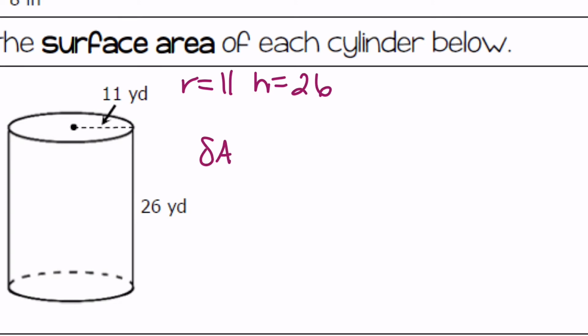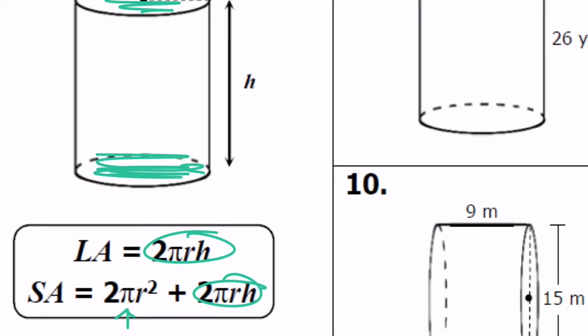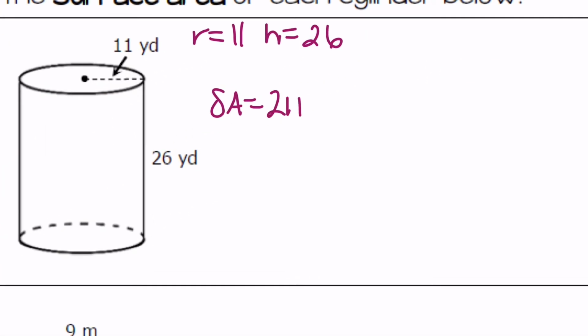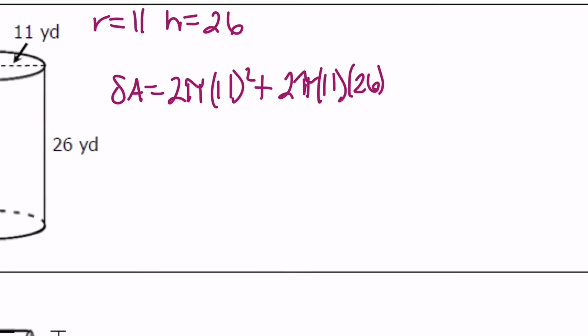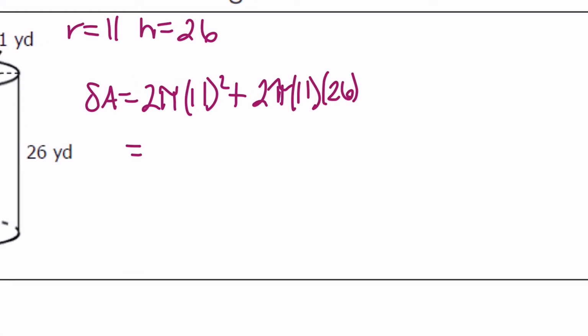So my surface area is equal to 2 pi times 11 squared plus 2 pi times 11 times 26. Put that all together, I end up with 242 pi plus 572 pi.